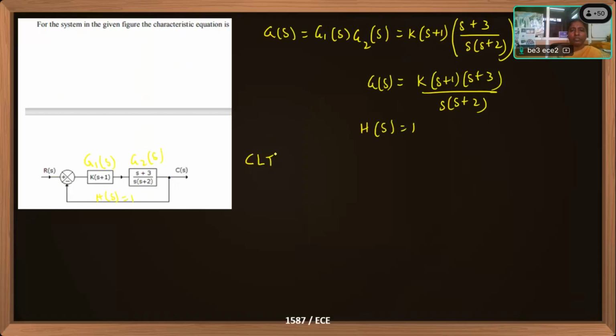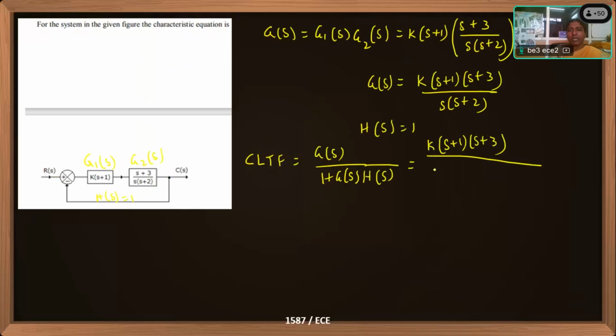Now I am going with the closed loop transfer function, which is G of S by 1 plus G of S H of S. Now this becomes K into S plus 1 into S plus 3 whole divided by 1 plus G of S H of S. I will simplify this directly.